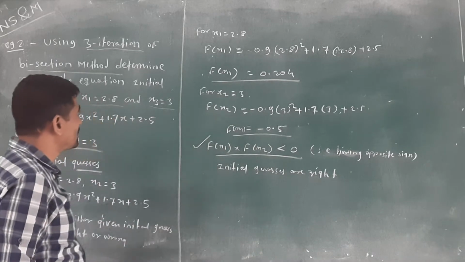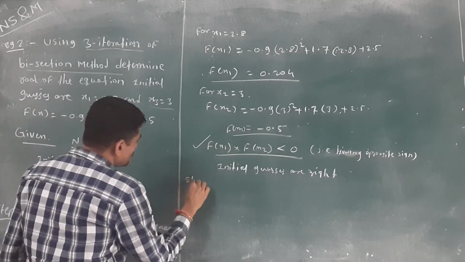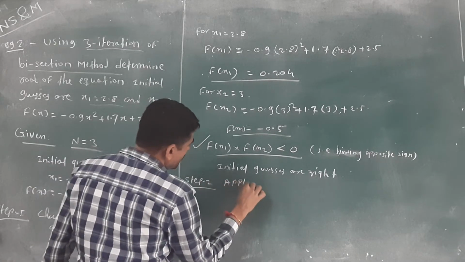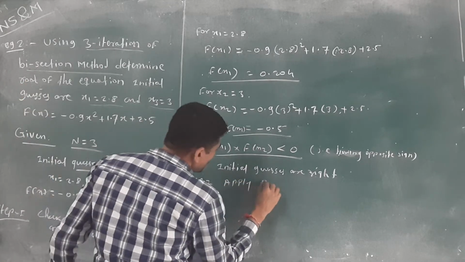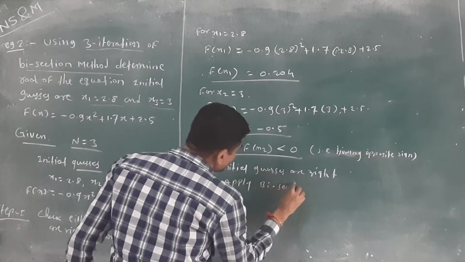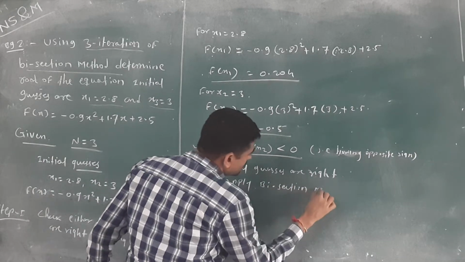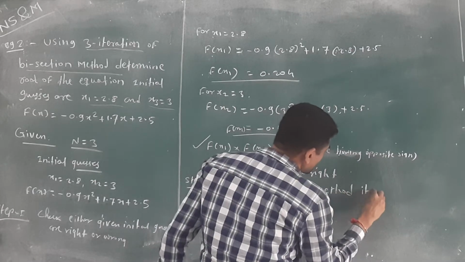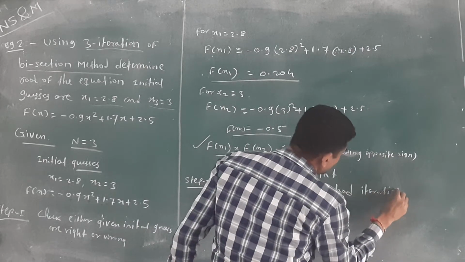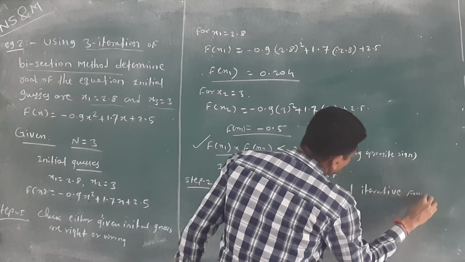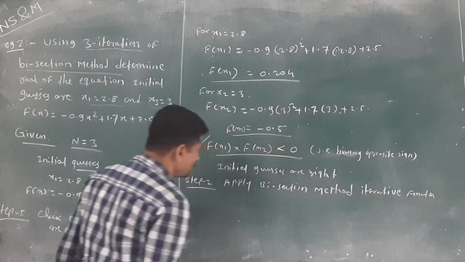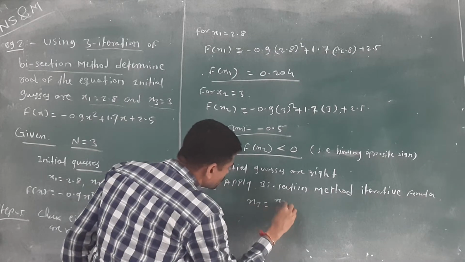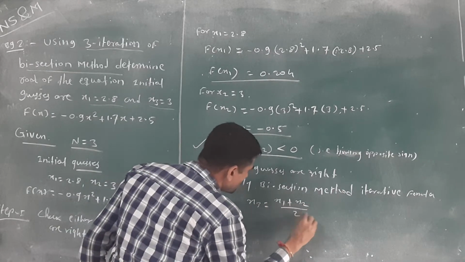Then the second step. What is step number 2? Apply the bisection method iterative formula. What is the bisection iterative formula? x3 is equal to x1 plus x2 divided by 2.